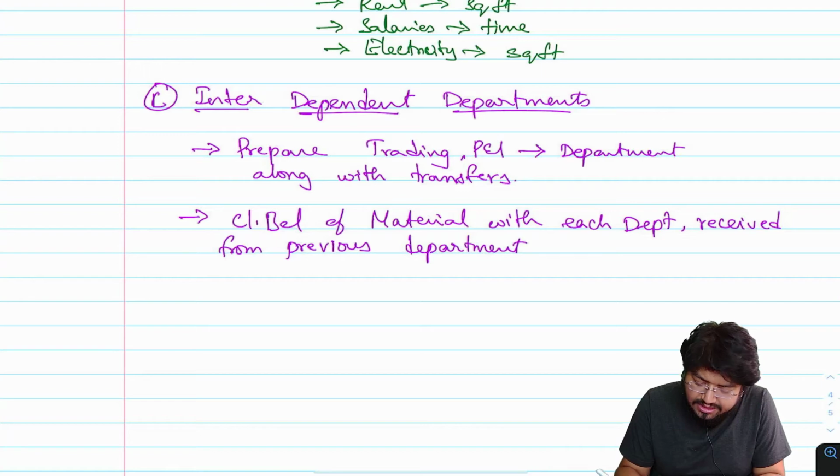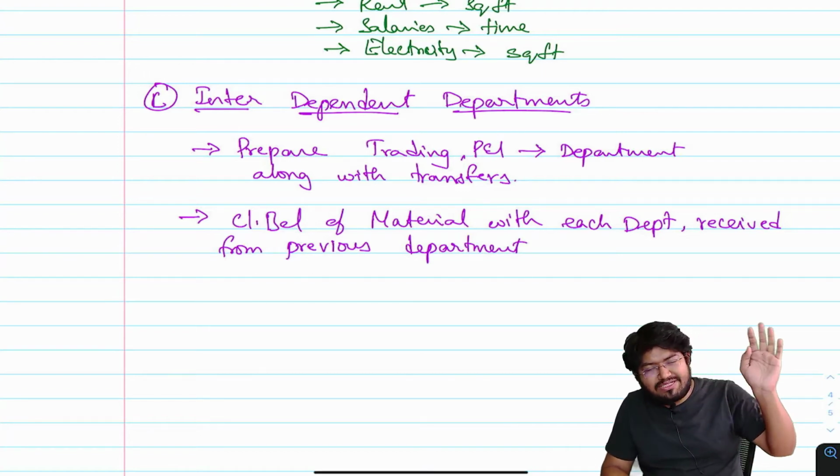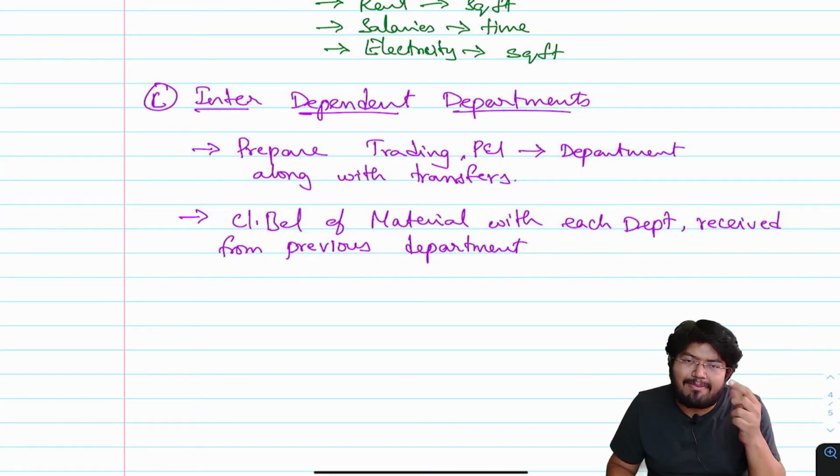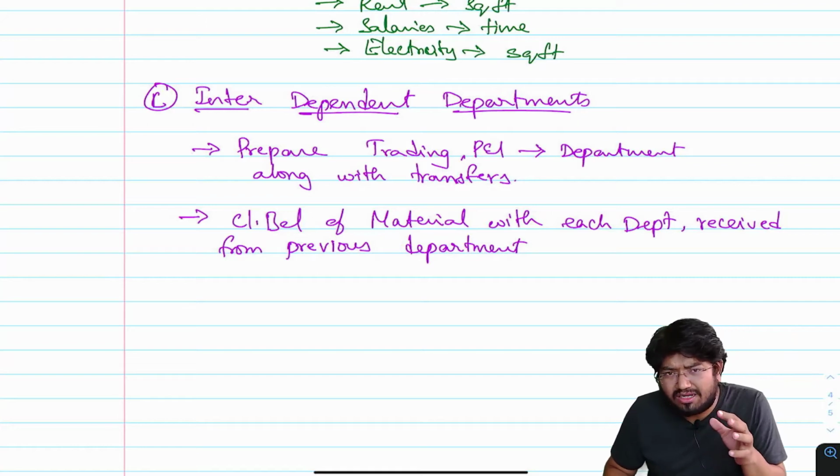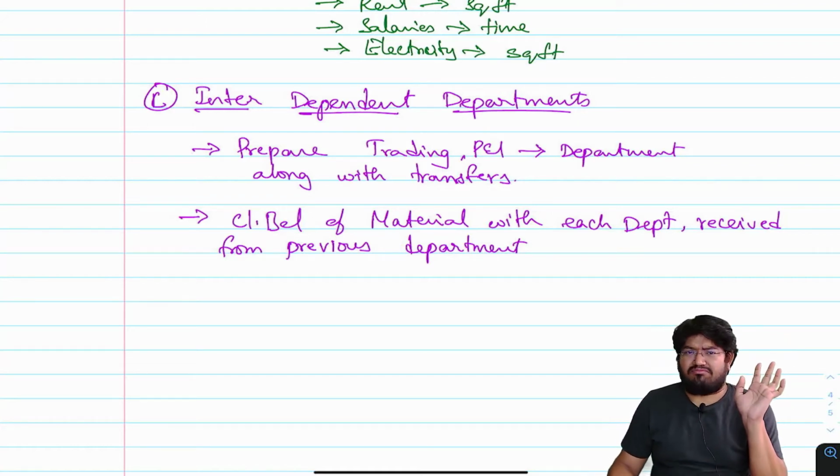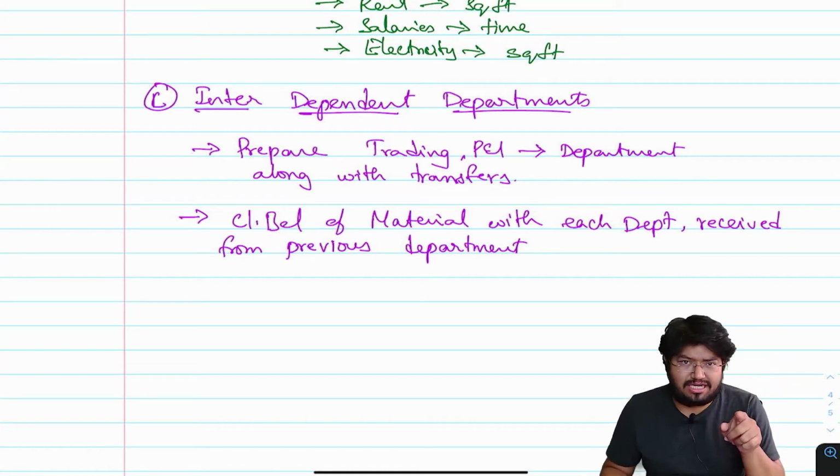Why do you need this? Because the previous department would have sent to me with a markup. If it does not add any markup, it's really good. But if it adds some markup, that is where I need to be really cautious.